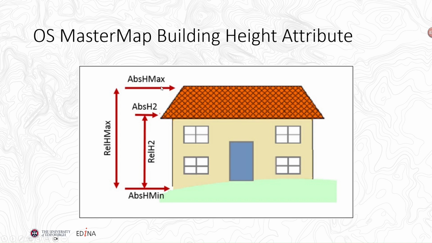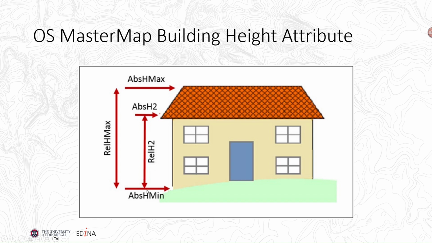The maximum height is the apex of the roof or the chimney pot or the spire in the case of a church. The absolute height 2 is effectively the height of the building, so sort of to the eaves of the roof. And the minimum is the minimum point on the ground, so this area on this schematic.